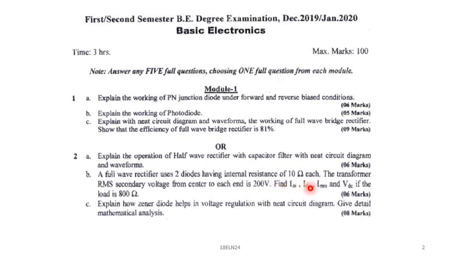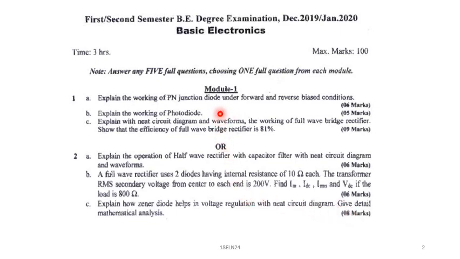Find IM, IDC, IRMS and VDC if the load is 800 ohm. This is asked for 6 marks. The third question is: explain how Zener diode helps in voltage regulation with neat circuit diagram. Give detailed mathematical analysis. This is asked for 8 marks.